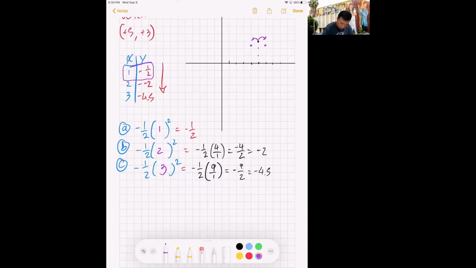2 steps. Let's take 2 steps. 1, 2, 1, 2. How many steps? 1, 2, 3. Oh, no, no, I'm sorry, 1, 2. So it's right here and right there. So the 2 is really easy. The 3 step, 1, 2, 3, 1, 2, 3, 4.5.